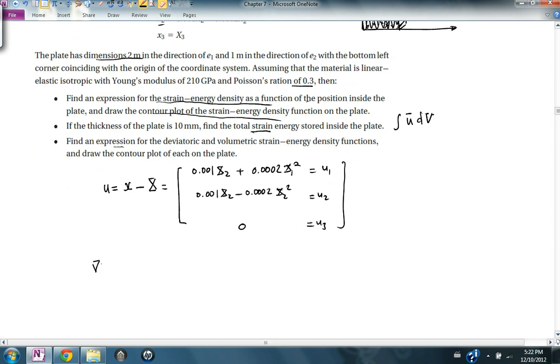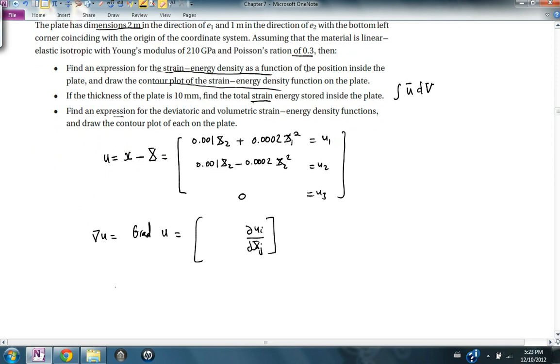The strain is equal to the gradient of u. The gradient of u matrix is equal to partial ui by partial xj, as we studied in chapter 3. And the strain, the engineering or the small strain matrix, is equal to half the gradient of u plus the transpose of the gradient of u.